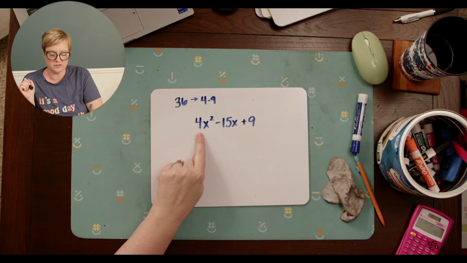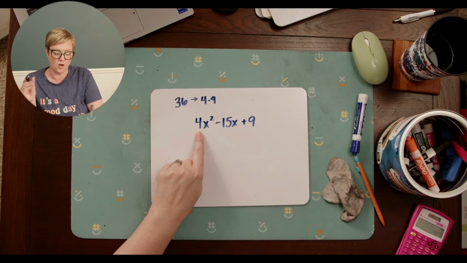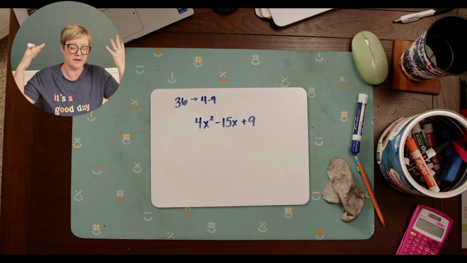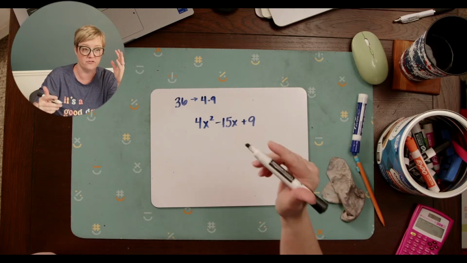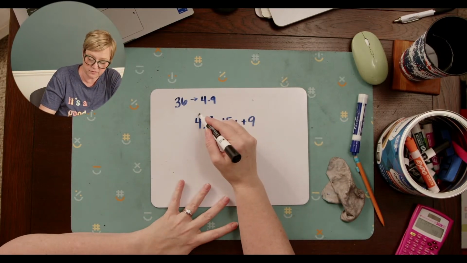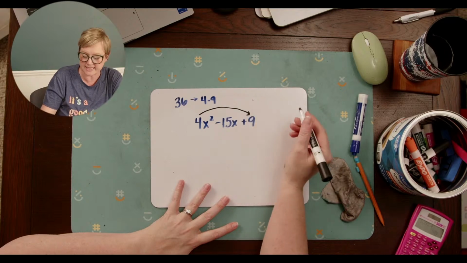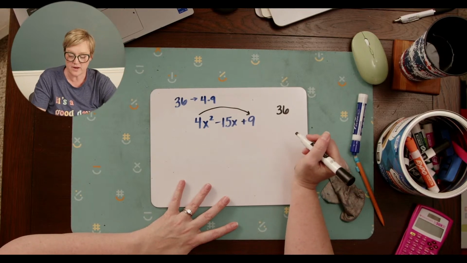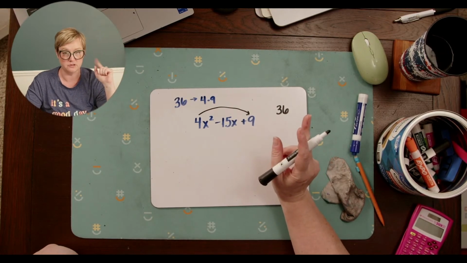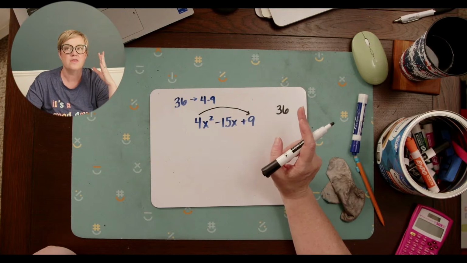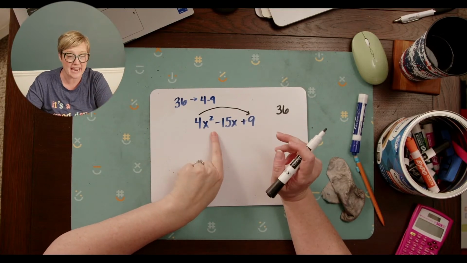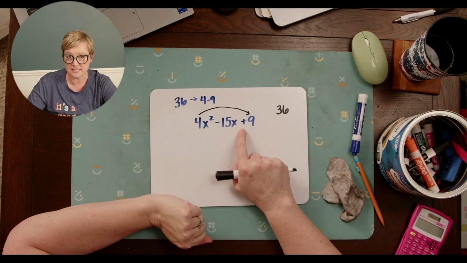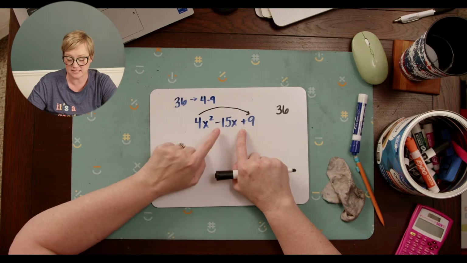Since this first coefficient is 4, it's not 1, what works the best for me, but there's lots of different ways to figure out factoring, is you do 4 times 9. This is called the AC method, and we get 36. Now we need to look for two factors of 36 that also add to negative 15. So two things that multiply to make positive 36 and add to make negative 15.